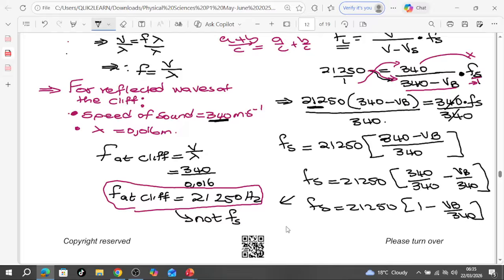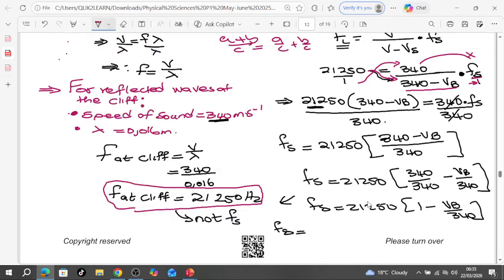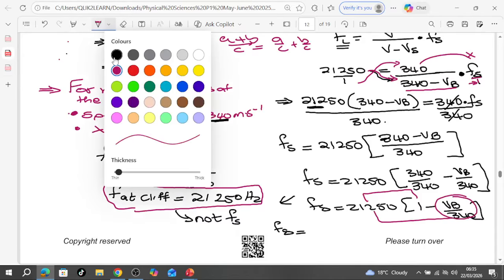What's next? Multiplying out the bracket by that 21,250. If we multiply out the bracket, we're going to say this times the 1 and this times everything there. Let's quickly work on that, guys.